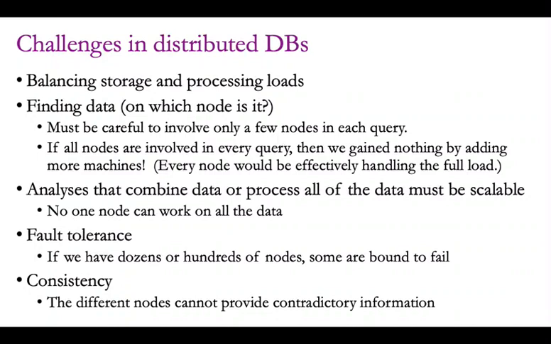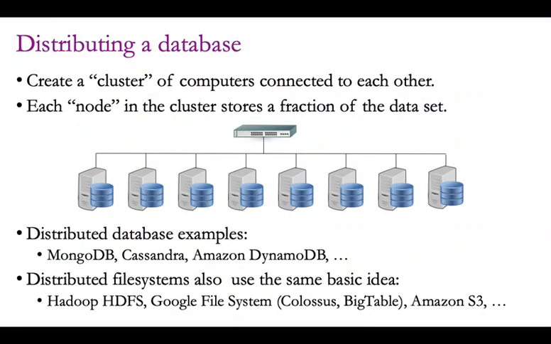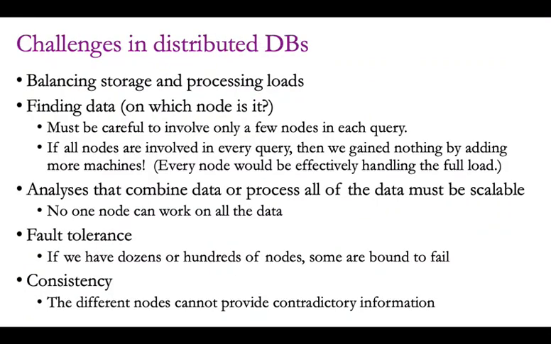You don't want to ask everyone for the data every time. If you have 8 different nodes and every time you do a query you ask all 8 of them for a little bit of data, that defeats the whole purpose of having a distributed system, because if every node is involved in every query, then you might as well just have one node.